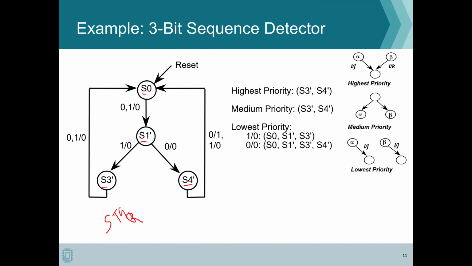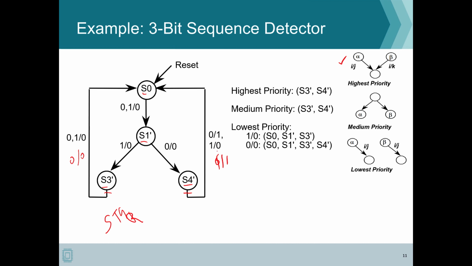S2 has been eliminated by state minimization. Here we see that S3 and S4 both go to S0, and that happens when you have the conditions 0 0 and 0 1. So you have one such condition that exists.